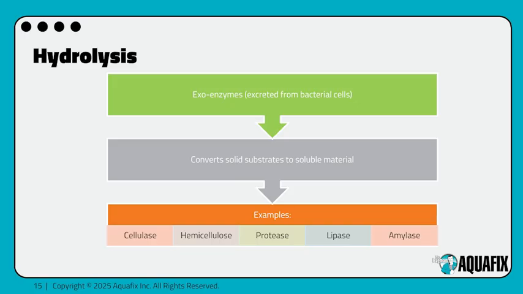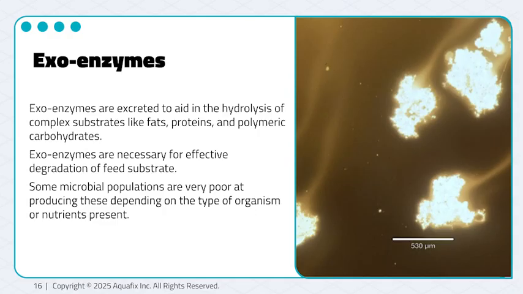So you have your exoenzymes, which are produced by bacteria. These are excreted on the outside of the cell. They're going to be converting insoluble materials that are already disintegrated, so they're breaking down little particles in the digester into simple soluble substrates, which can be metabolized. Exoenzymes, like I said, are excreted by cells.